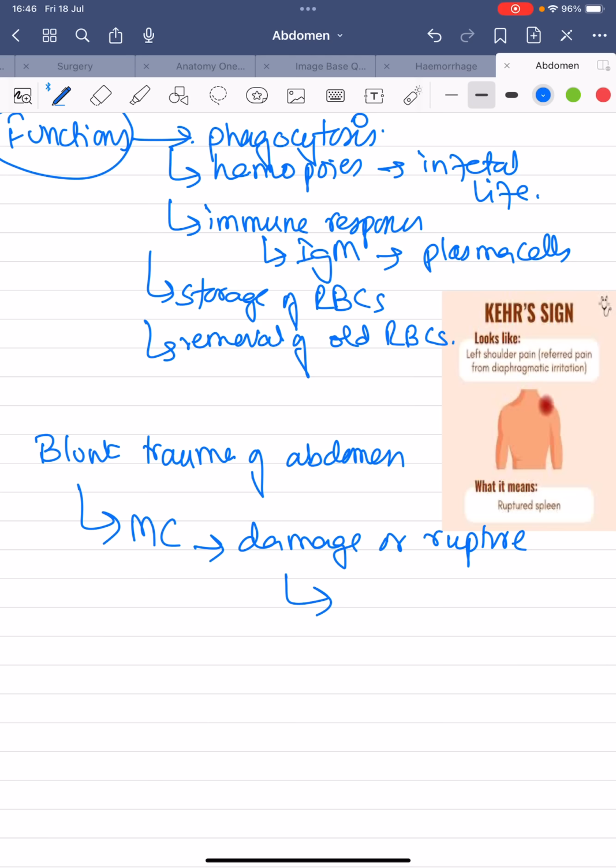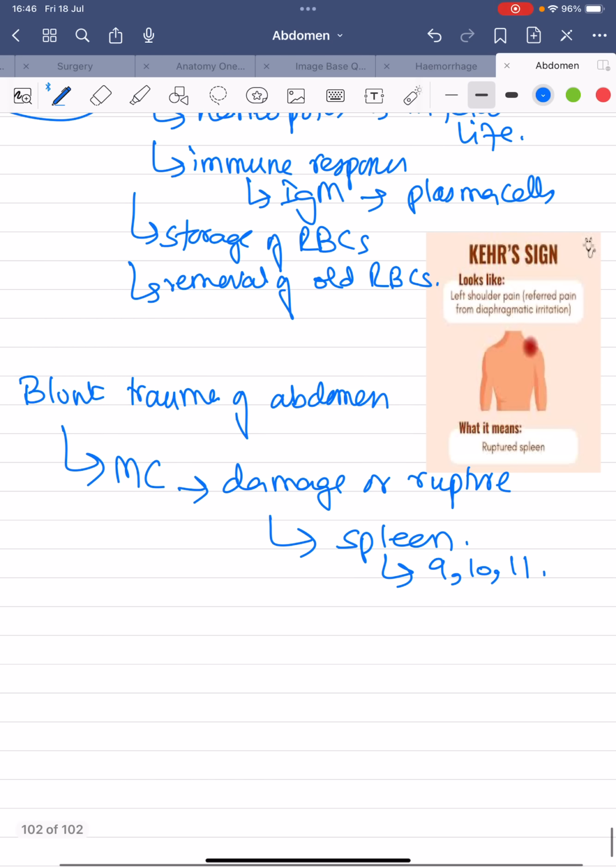Although the spleen is protected by your 9th, 10th and 11th ribs, it is still the most commonly ruptured organ in blunt trauma of the abdomen. And when it ruptures, the pain is referred to the left shoulder, and this is known as Kehr's sign.